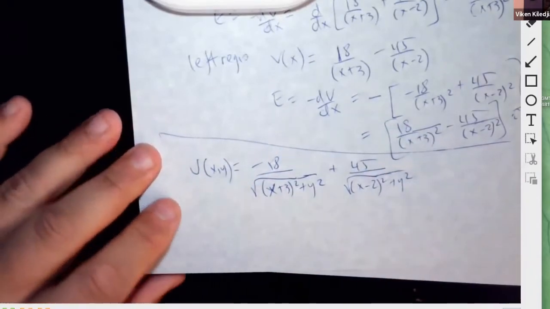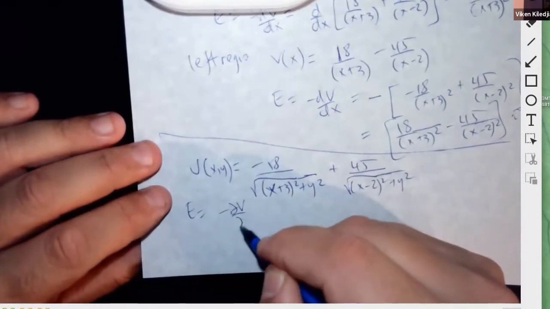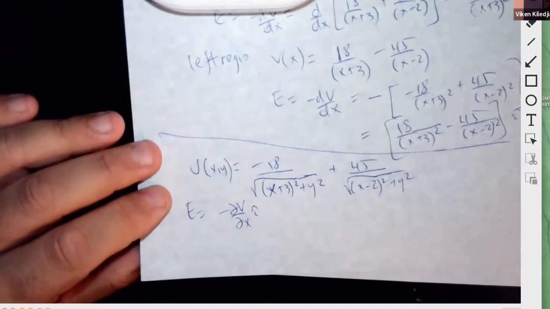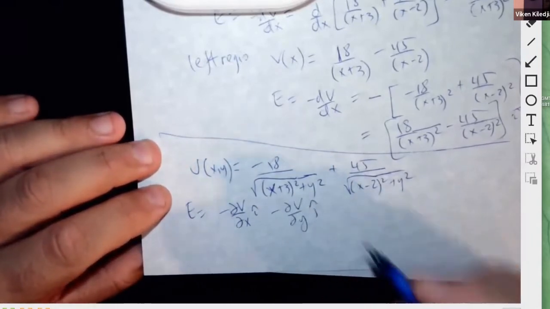Okay, so now the electrical field is going to be negative partial derivative of V with respect to x i hat, negative partial V partial y j hat.